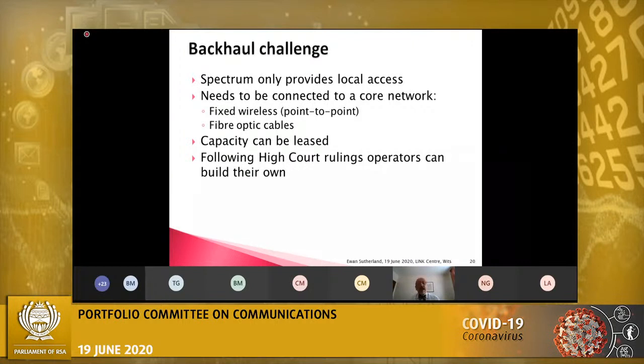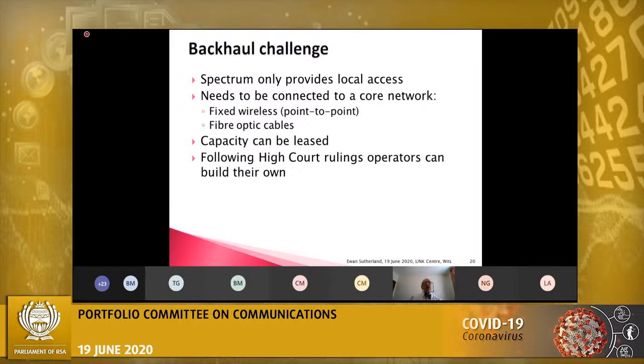It can be done with fiber optic cables. It can be leased. So it might be Telkom or Infraco have cables in the area. And the High Court opened up the capacity to build your own. So saying, here's some spectrum is great, but to build the network is really quite expensive and quite time consuming.